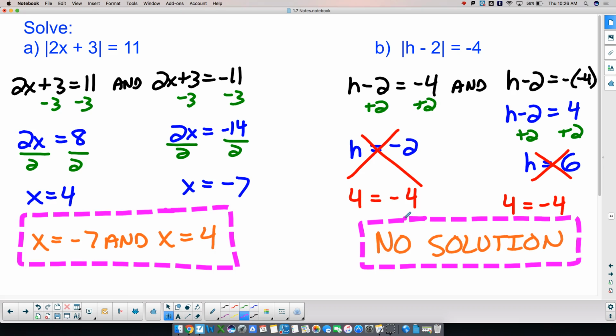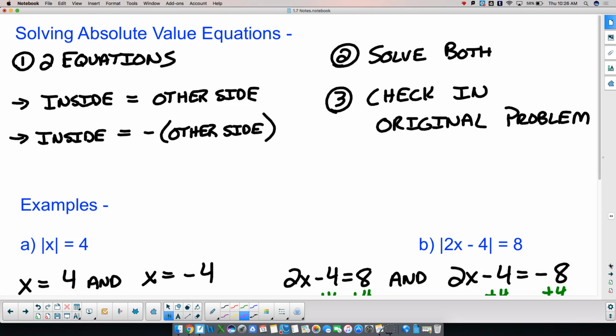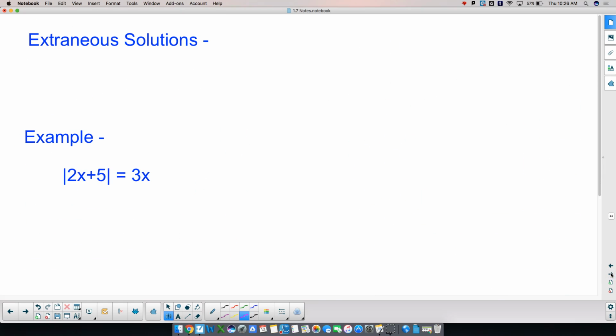Why? Well, let me go back to the steps to solving absolute value equations, Colin. What's step number 3? Check it, right? That's why it's on there, because we are going to have these extraneous solutions out there.